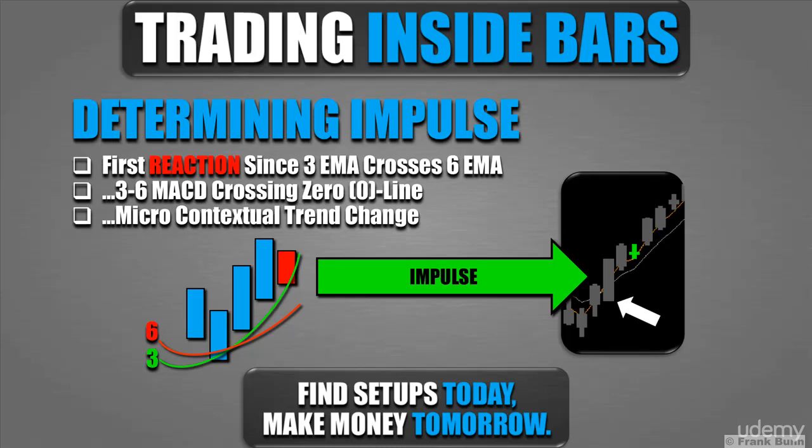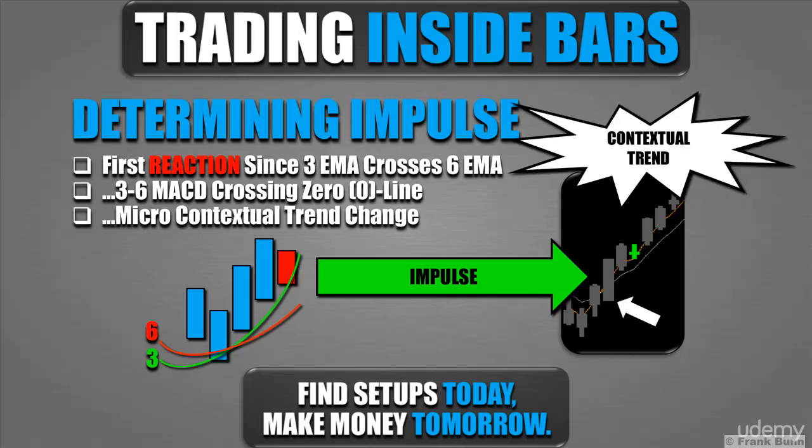Therefore, we can also determine impulse if the inside bar is the first reaction since the 3 exponential moving average crosses the 6 exponential moving average. On the MACD indicator, then, we see the 3-6 MACD crossing the 0 line, causing the micro-contextual trend change. We can see this here in the chart graphic at the white arrow. This is referred to as the contextual trend.